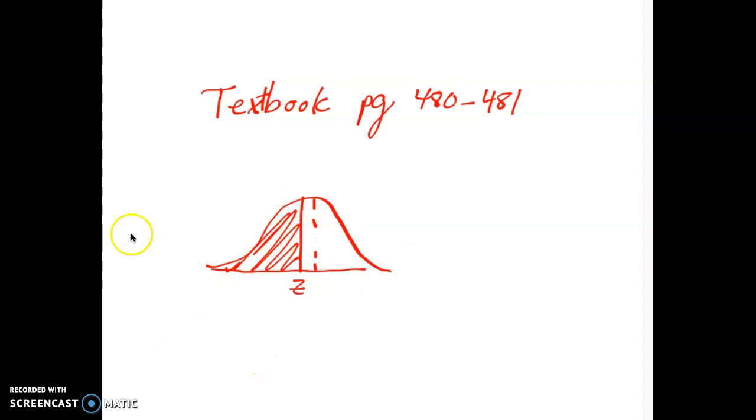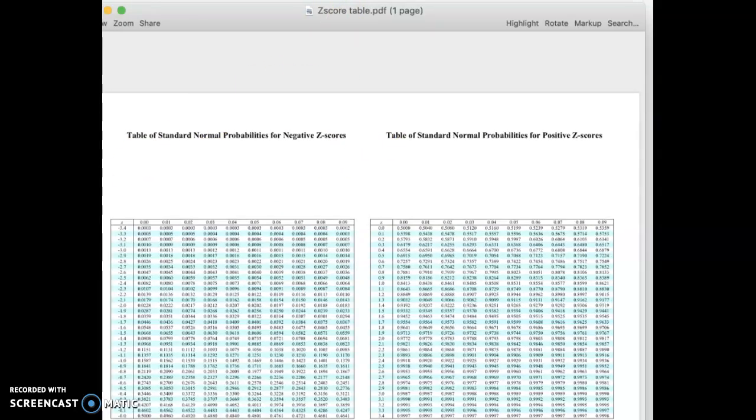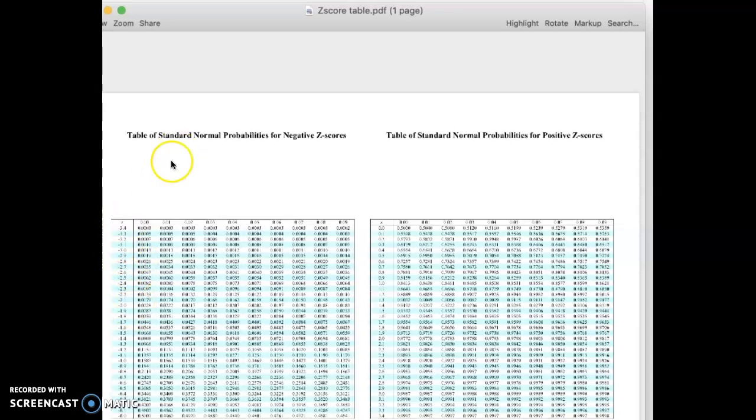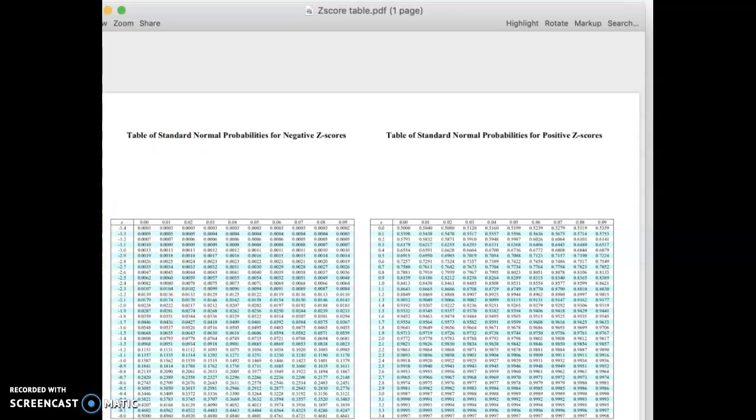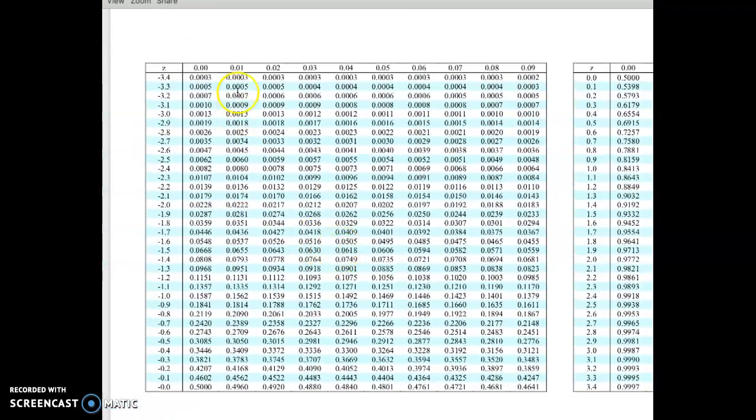I do have a PDF of the table here. Since our z-score is negative, we're going to be looking at the side on the left because that's where all the negative z-scores are. I'll blow this up a little bit. We have negative 1.67. So for the negative 1.6, we look along the first column and find negative 1.6.